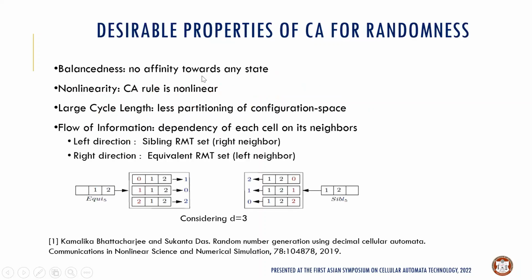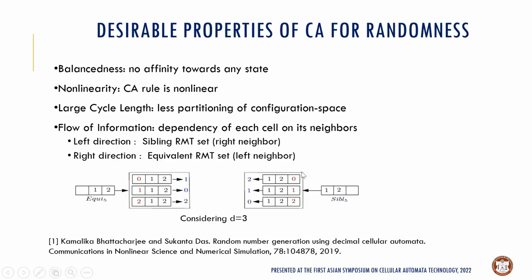That means what? If we consider all such sets EQI, and for every one of these sets the values are different, that means whenever there is a change in these sets, it will always be propagated in this direction. So there is a maximum flow of information in this direction.